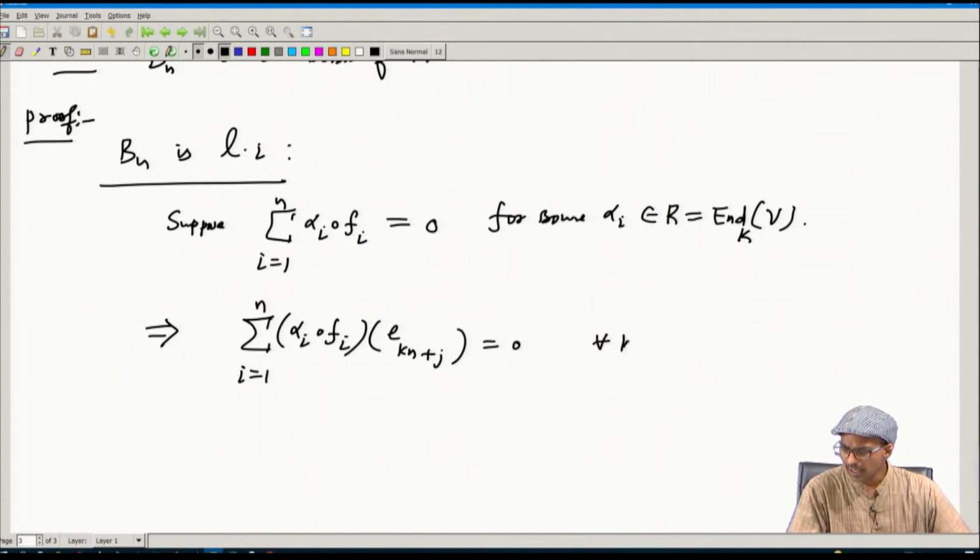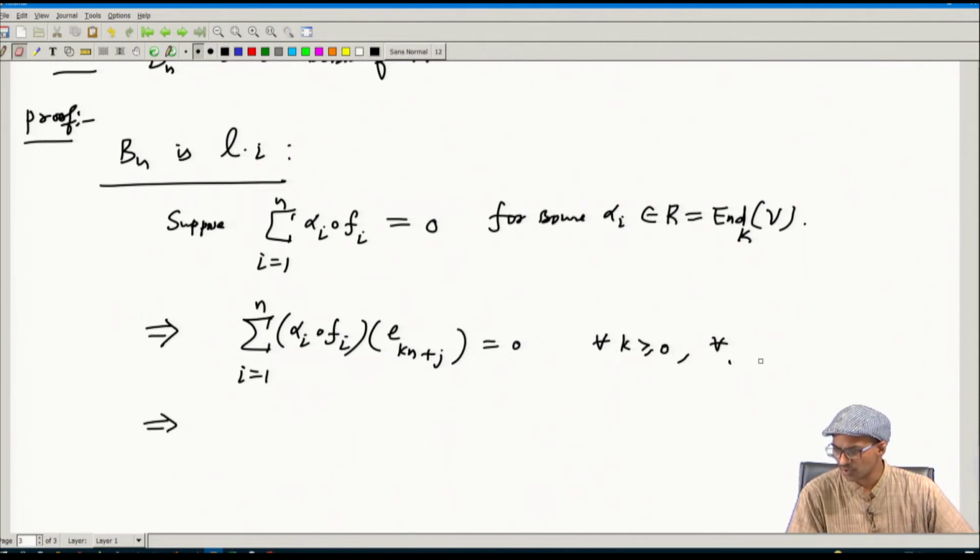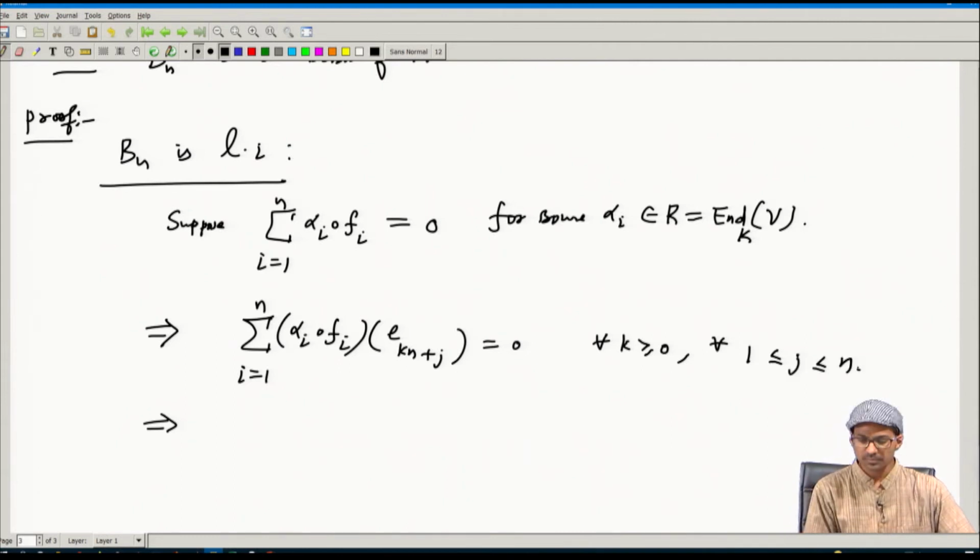This is true for any k greater than or equal to 0 and for all j greater than or equal to 1. Even I can take j between 1 and n, so 1 less than or equal to j less than or equal to n.